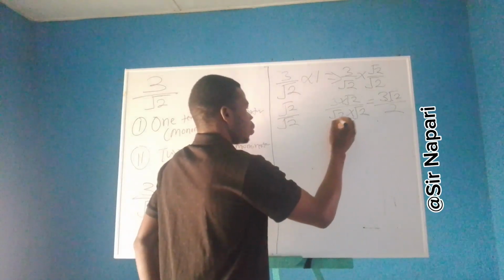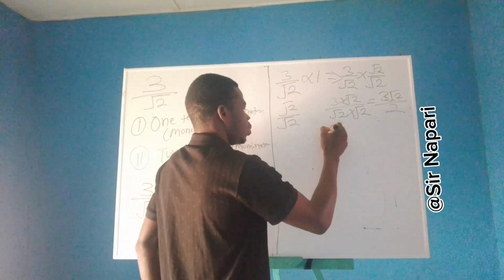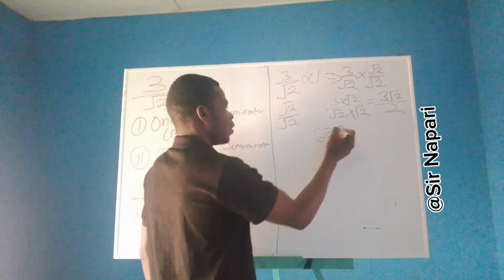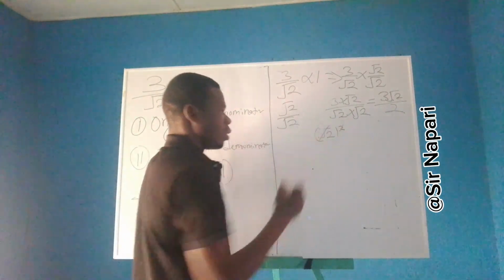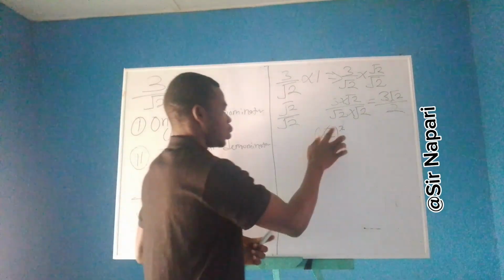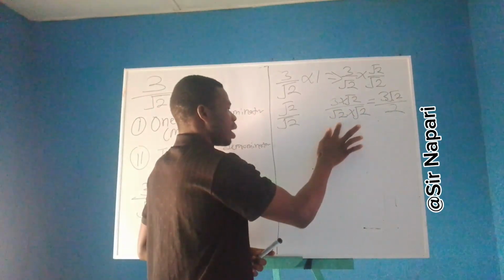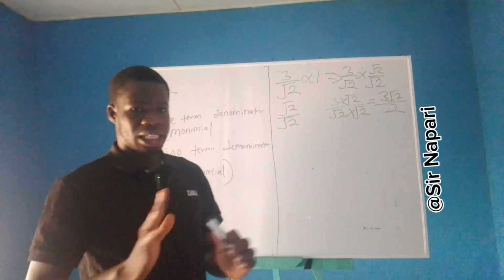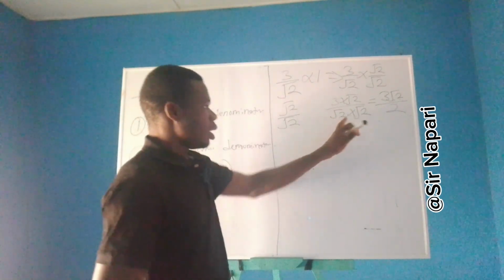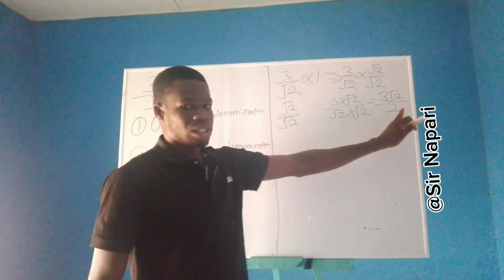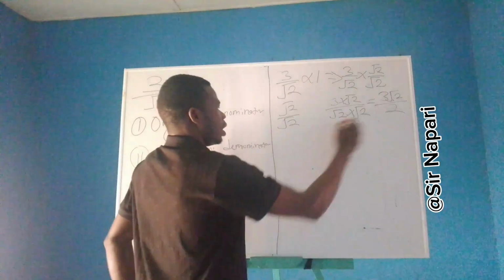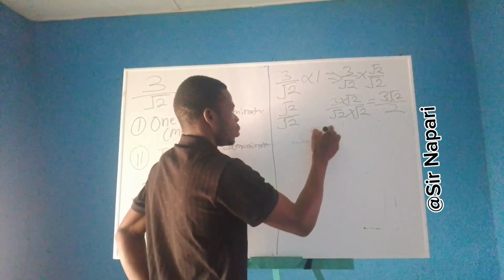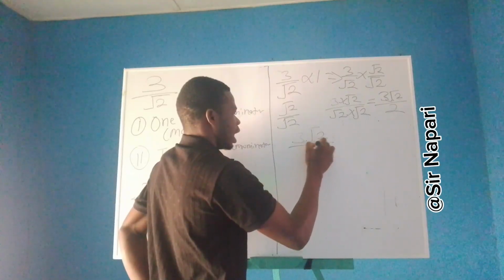Because root 2 times root 2 is the same as root 2 squared, right? And then when you have a square and a square root, you go away with the square, giving you 2. So the root of a number multiplied by the root of the same number is equal to that particular number. So here root 2 multiplied by root 2 will give us 2. Therefore, the rationalization of this particular sum will be 3 root of 2 all divided by 2.